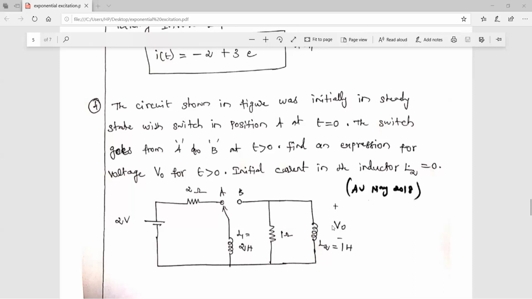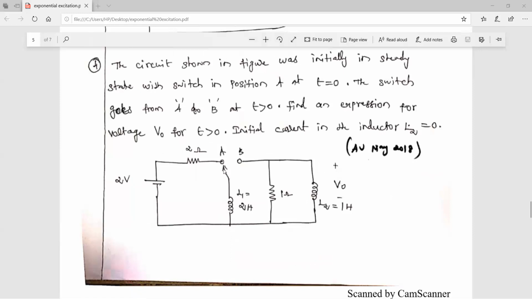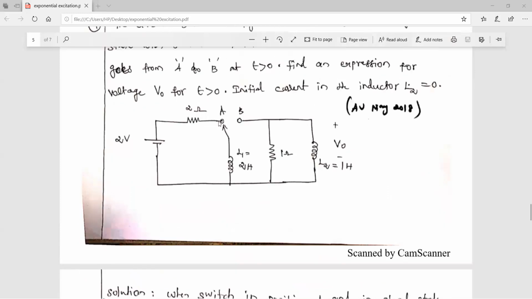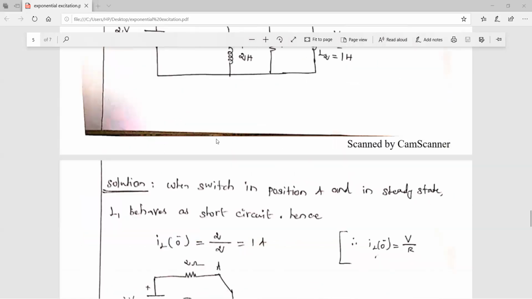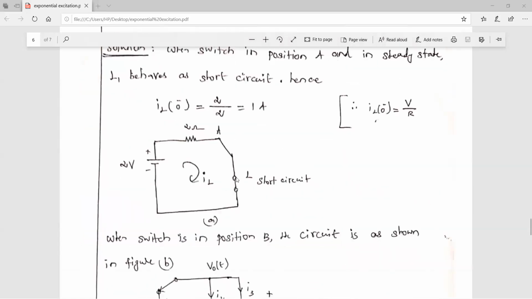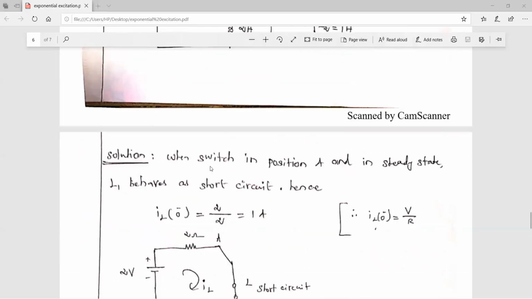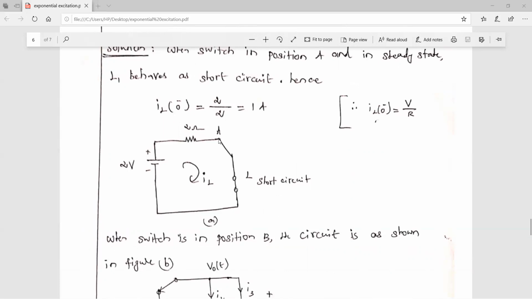This is the question. First, we assume the switch was in position A. What is the equivalent diagram? The battery is connected to the circuit: a 2 volt source, a 2 ohm resistor and the inductor.